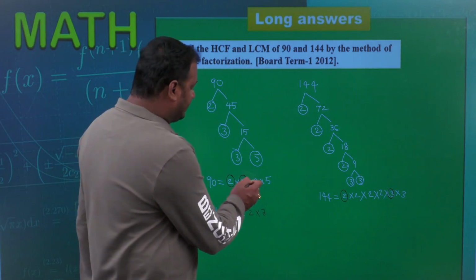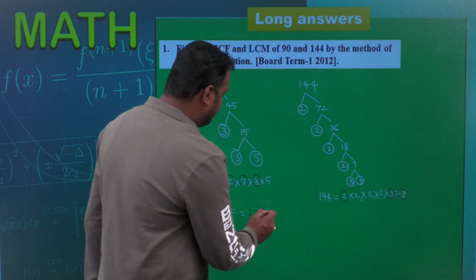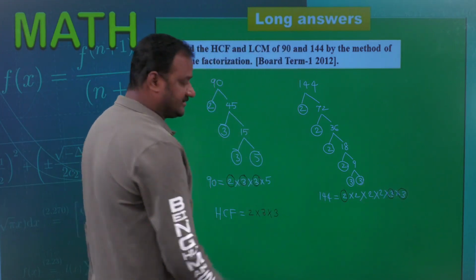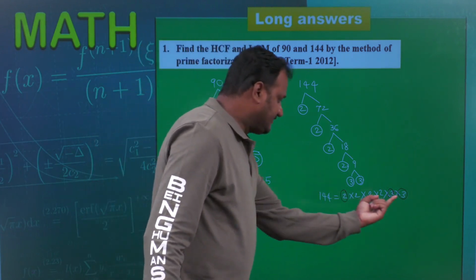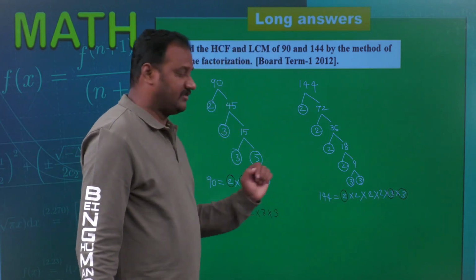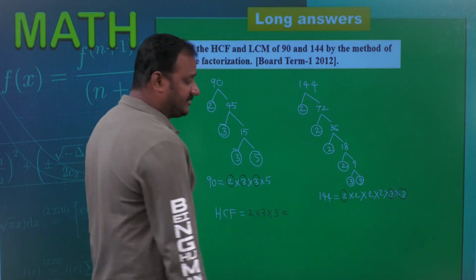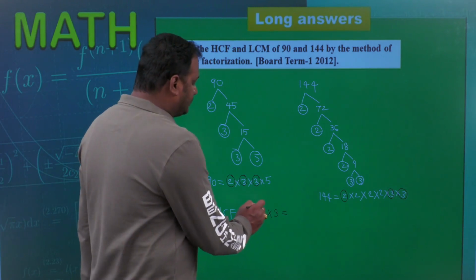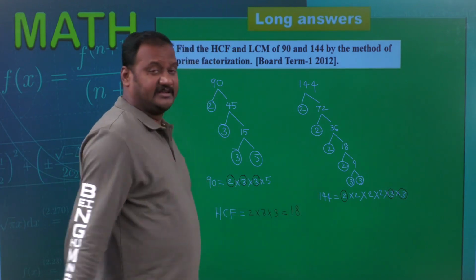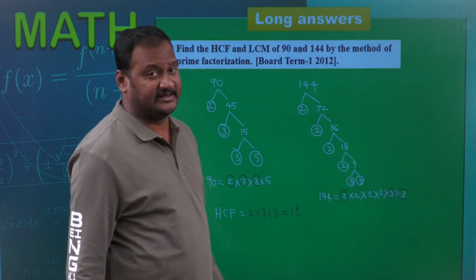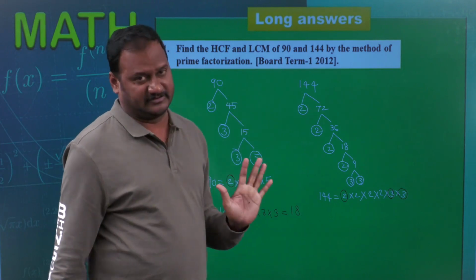And I have 1 more 3 here and 1 more 3 here also, so that into 3 is 1 more factor. 5 is the factor of 90, but 5 is not the factor of 144. So therefore, the highest common factor of these two numbers is going to be 2 into 3 into 3, 6 3s are 18. So 18 would be the highest common factor of 90 and 144.